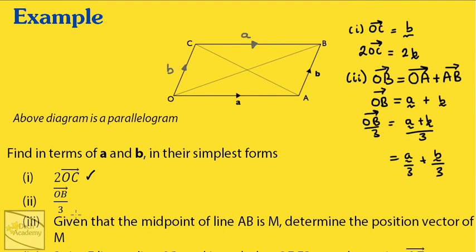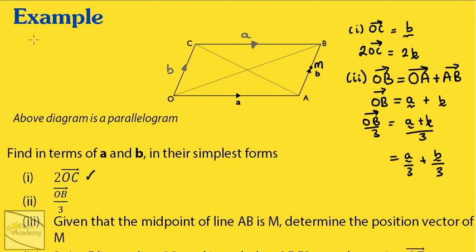For part 3, it says, given that the midpoint of line AB is M, so line AB is this line, we're told that the midpoint is a point M. We're asked to determine the position vector of M. So it's been implied, or assumed, that point O is the origin.